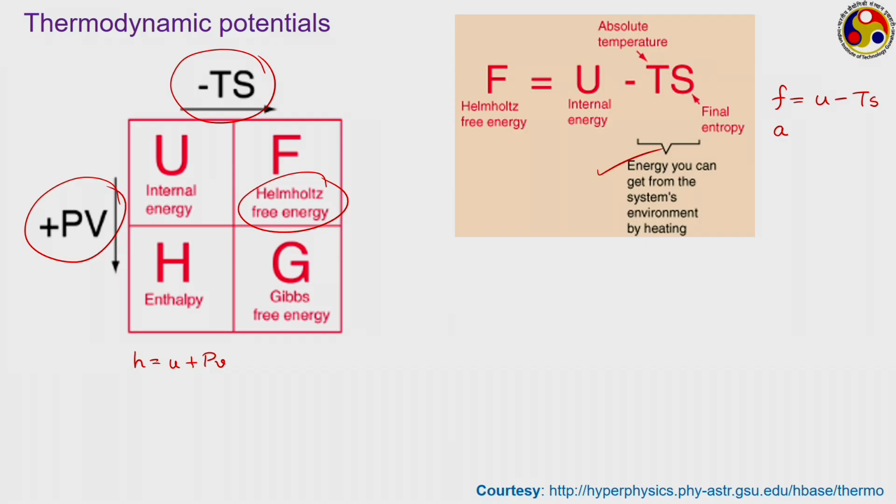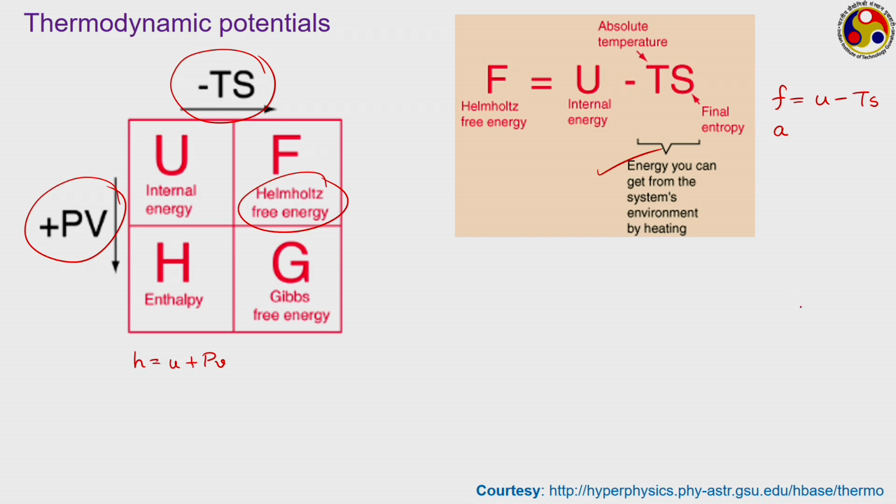Here s refers to the entropy of the system. So, this Helmholtz free energy is U minus Ts, and you can visualize this as the amount of energy needed to create a system minus the amount of energy that the system is getting from the environment. And finally, G. So, what will be the expression for the G? Here you have to subtract Ts from H.